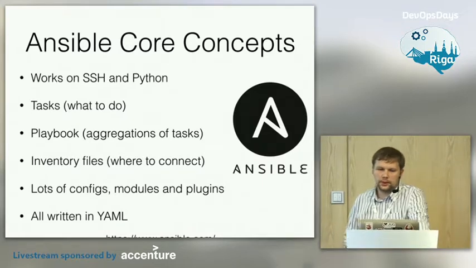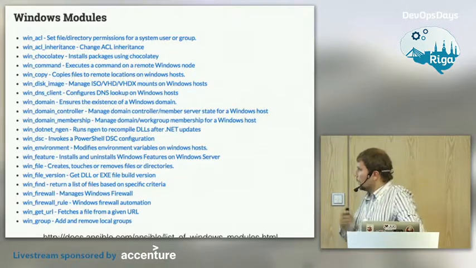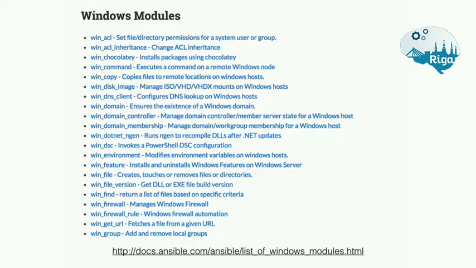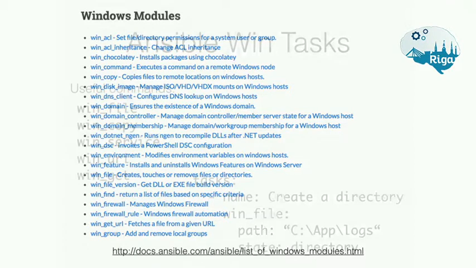And actually, if you dig through the documentation of Ansible, you find an interesting page called Windows Modules. This page claims that there are over 20 or 30 modules for support of Windows. Of course, they're not interoperable with the Linux modules, but anyway, quite a lot of them.